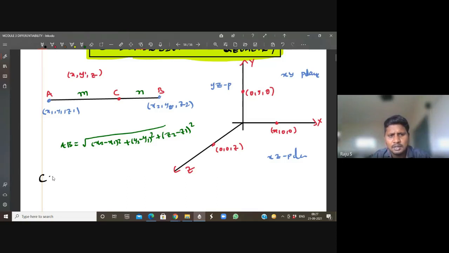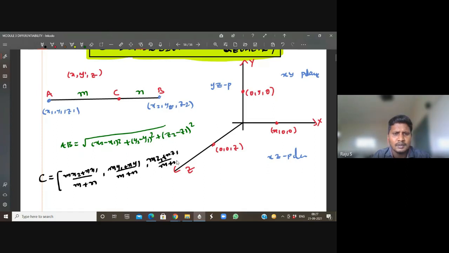Then your point C is clearly given by the same formula: mx2 plus nx1 by m plus n. This is internally. So my2 plus ny1 by m plus n. In the same way, mz2 plus nz1 by m plus n.